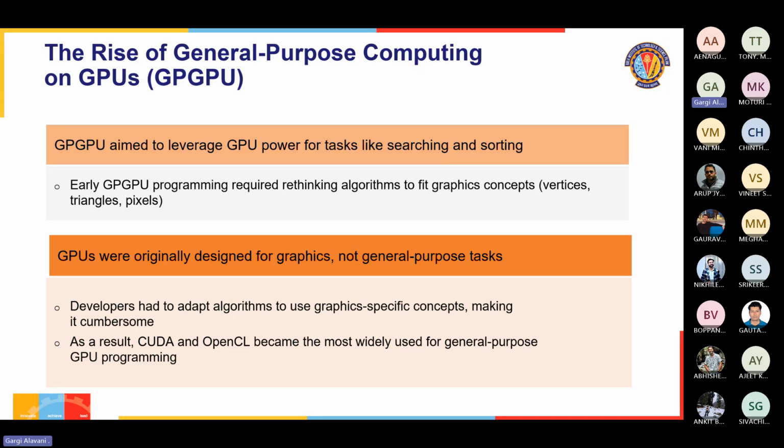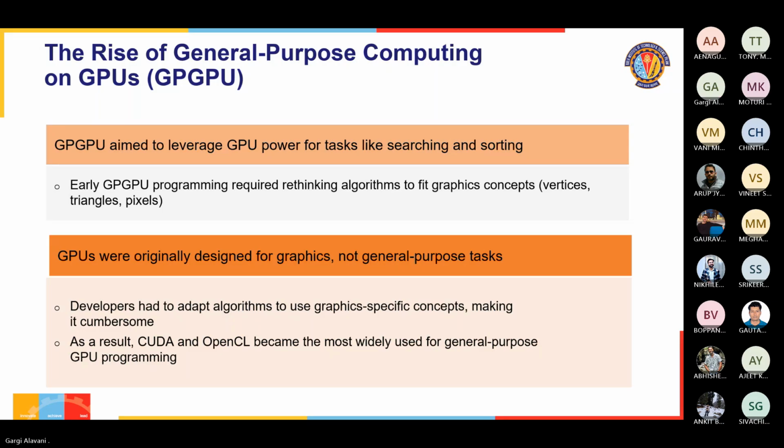But as their popularity increased for doing other tasks, the simplest tasks like searching, sorting, matrix operations, they were called general purpose GPU or GPGPU.